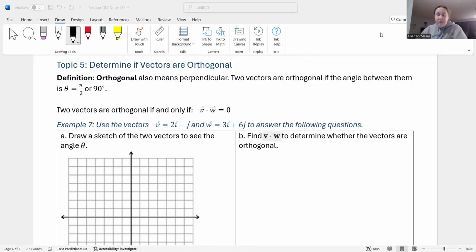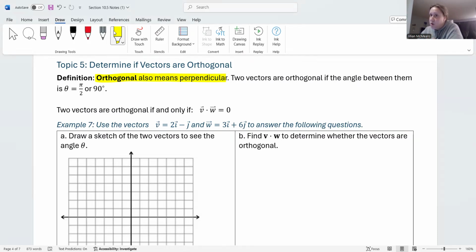For topic 5, we're going to determine if vectors are orthogonal. Okay, so you know my rules about a definition at the beginning of a video. Orthogonal also means perpendicular. Two vectors are orthogonal if the angle between them is pi over 2 or 90 degrees.